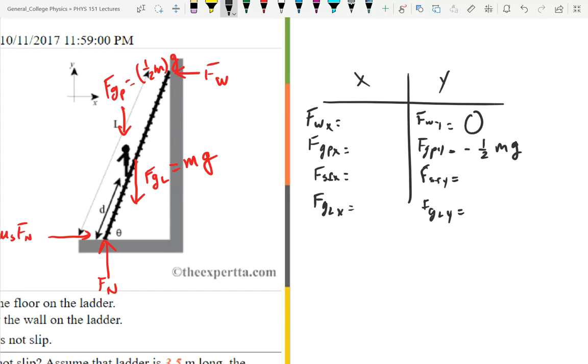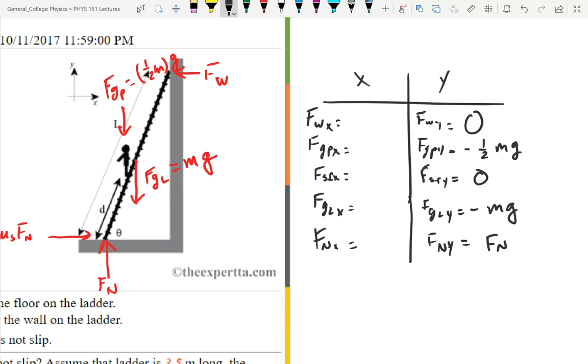Force of static friction in the y direction, it's in the x direction, so that's 0. Force gravity ladder, I forgot one more force, the one we're looking for. So what's force of gravity of the ladder in the y direction? It's negative, and its value is mg. And then force normal in the y direction. It's positive, and it's all of it.